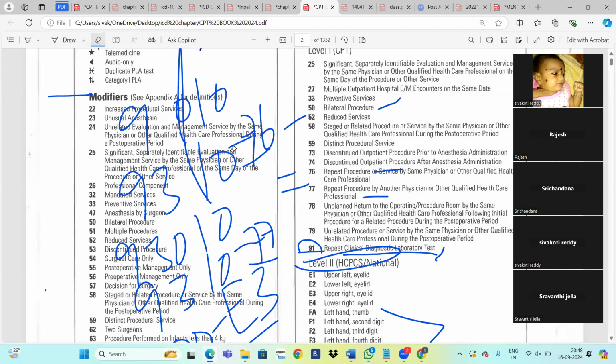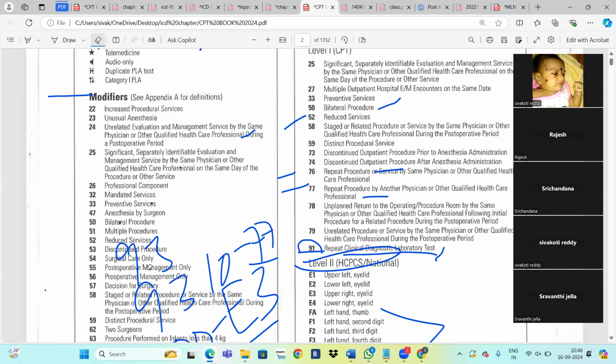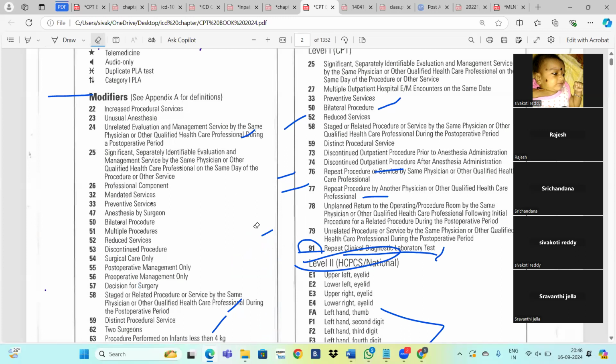Okay. For lab test 91. For procedures based on the physician 76, 77. Clear? Yeah, so next 78, 79.